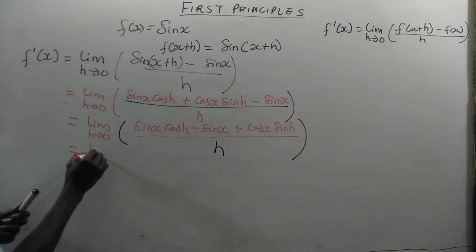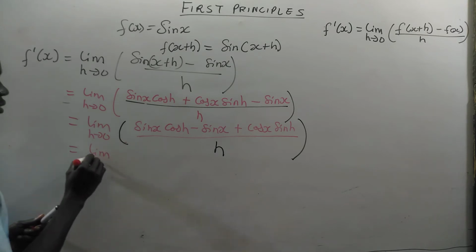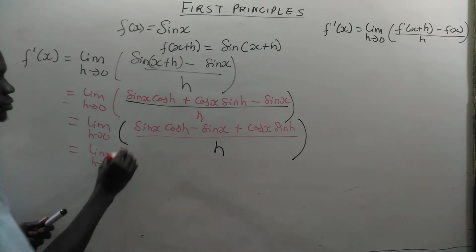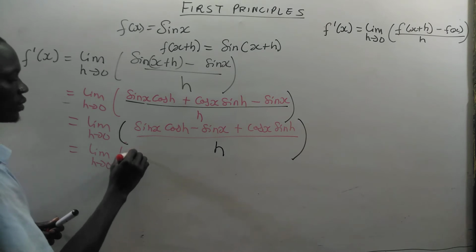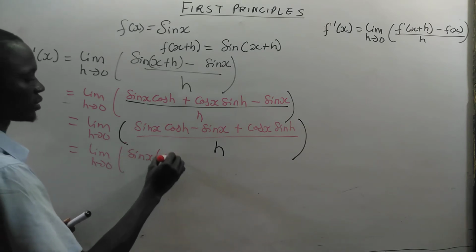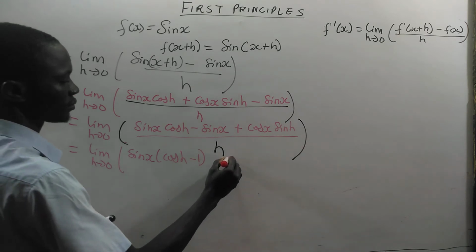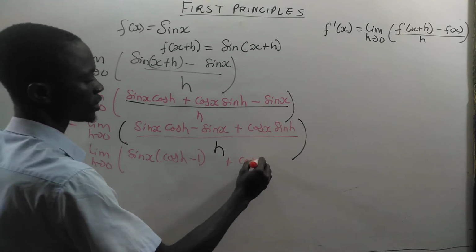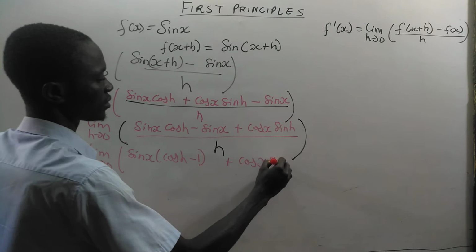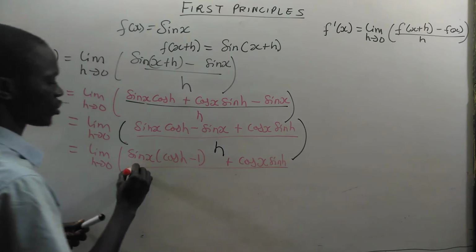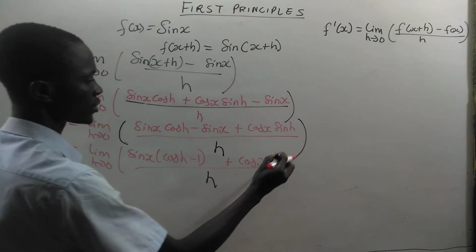And this is the same as the limit as h approaches 0. Factorize sine x out, you have sine x into bracket cosine h minus 1 plus cosine x sine h all divided by h.